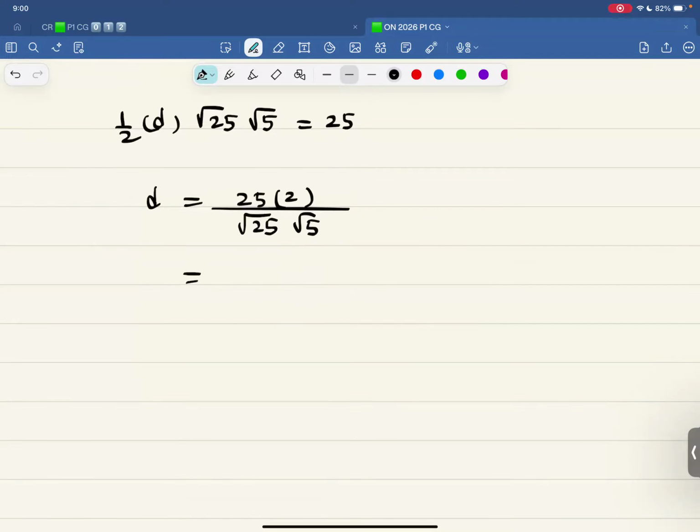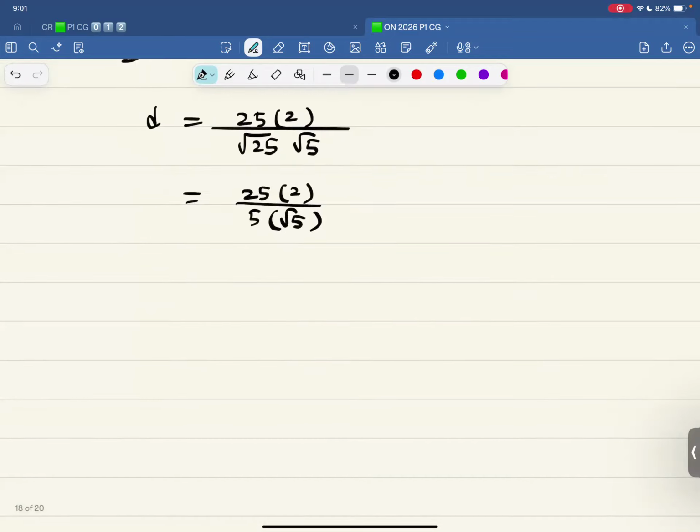That is 5 into 2, which is 10, over root 5. So this is 10 over root 5.